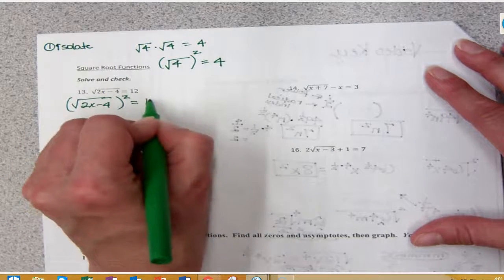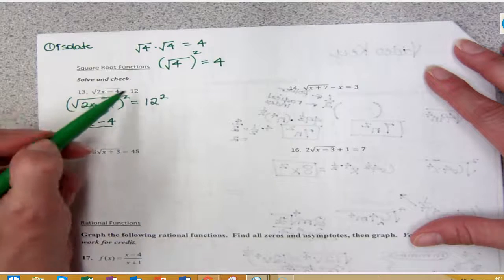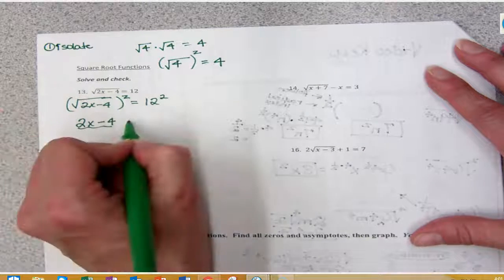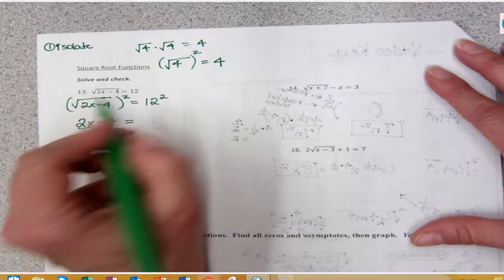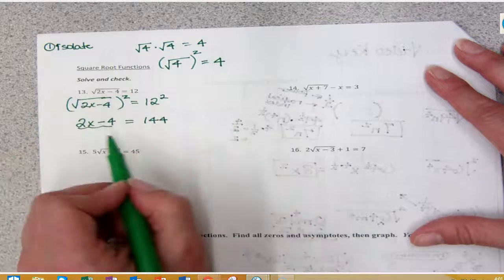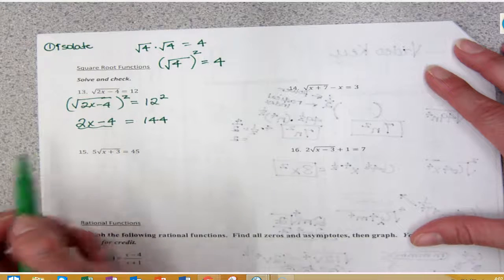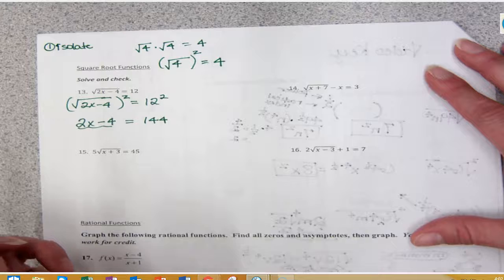But we also know that what we do to one side, we have to do to the other. So we have to take this 12 and square that as well. So I'm going to be left with 12 squared, which is 144. Now we just have an equation of 2x minus 4 equals 144. I can solve that just using inverse operations.